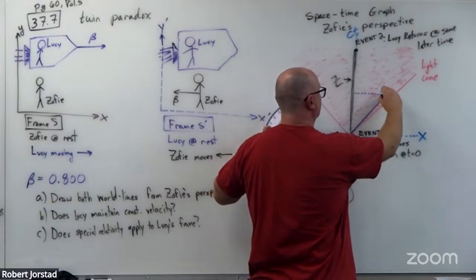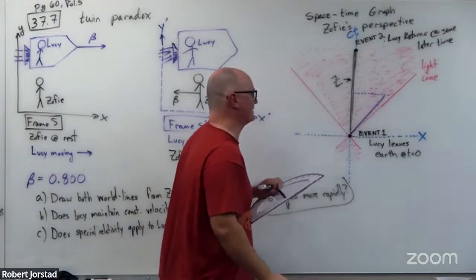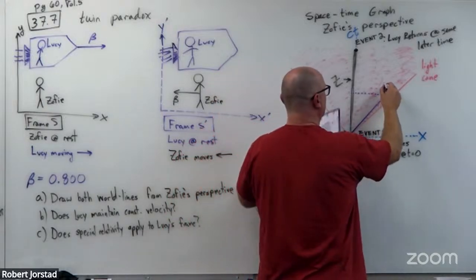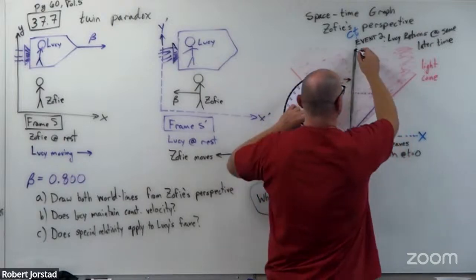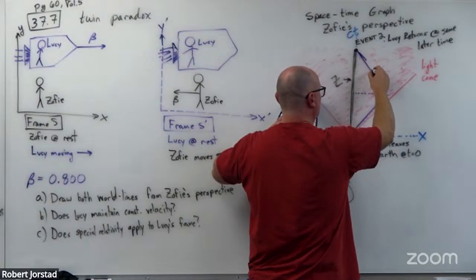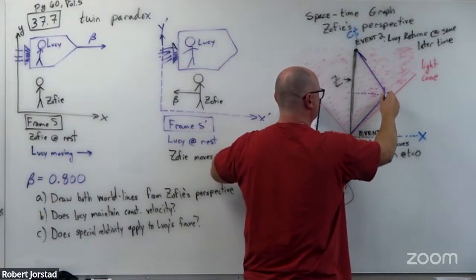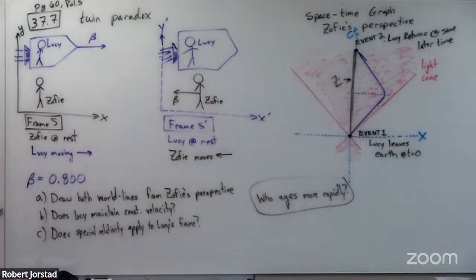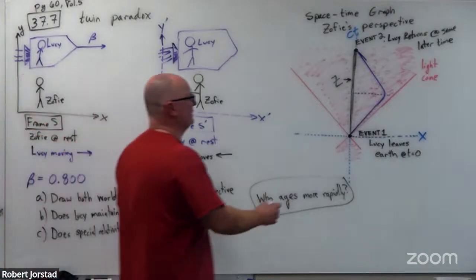When she turns around, her x velocity should go to 0 and kind of come back here at about the same angle. So that's my attempt to draw that. Let me make sure that shows up. All right. And so remember the slope here.